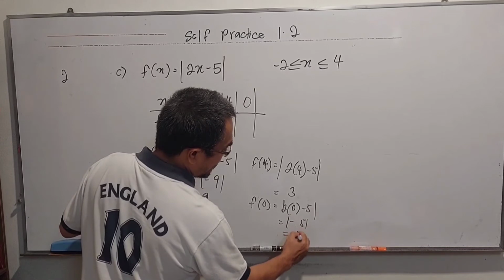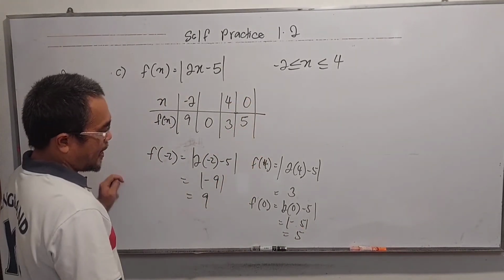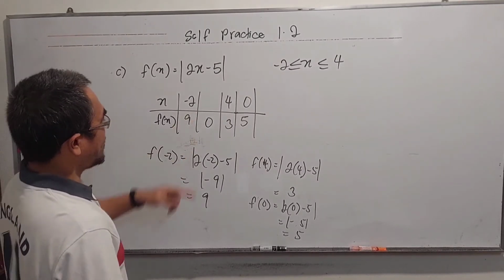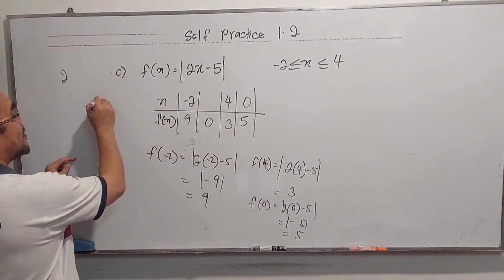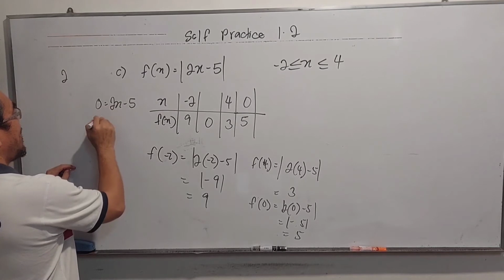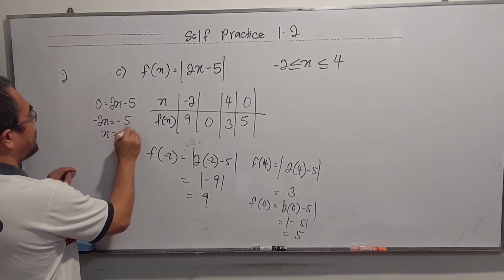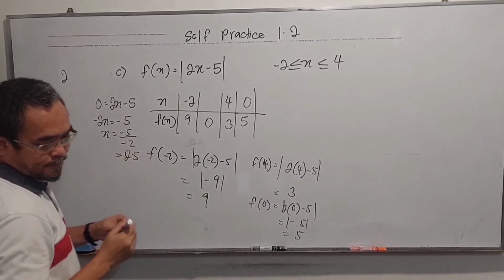So the final is 5. And the last one, if f(x) equals 0, we say 0 equals 2x minus 5. So negative 2x equals negative 5. x is negative 5 over negative 2, which is 2.5.